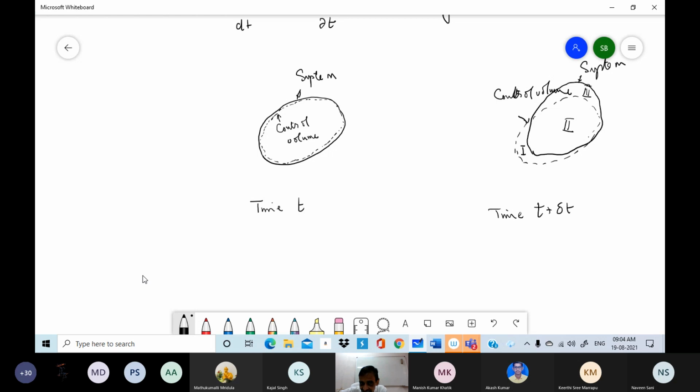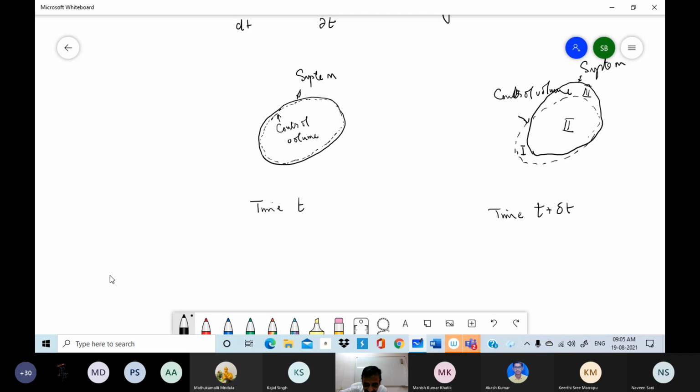So if material is crossing the control surface, that may be carrying certain amount of mass, that may be carrying certain amount of energy. So if I consider a control volume, what is the final energy in the control volume compared to what is the initial energy? It is not just Q and W, it is the flow across the boundary which also plays a role.